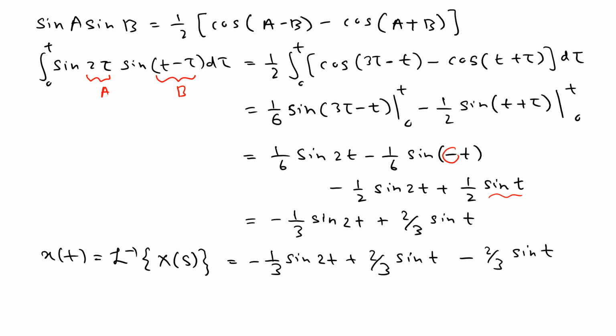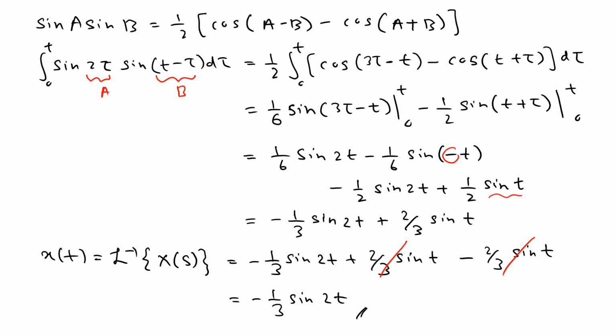That's the term we did not bring into the partial fraction, and you can see that these two get cancelled. So your final answer is negative 1/3 sine 2t. Actually, this suggests that if you had used partial fractions, you might get the answer quickly for this particular problem. It depends on the numbers that you have.